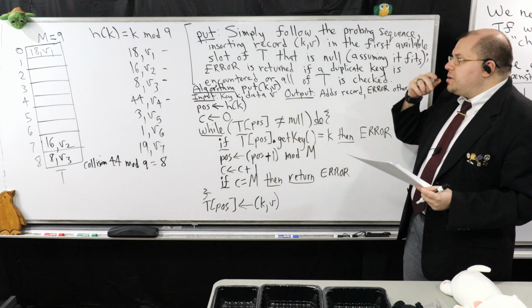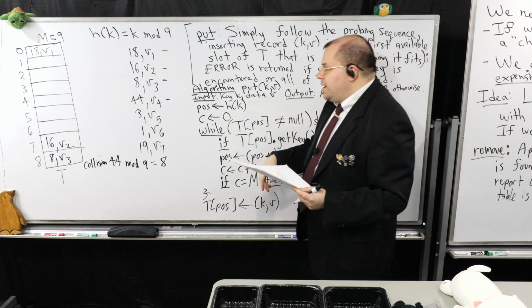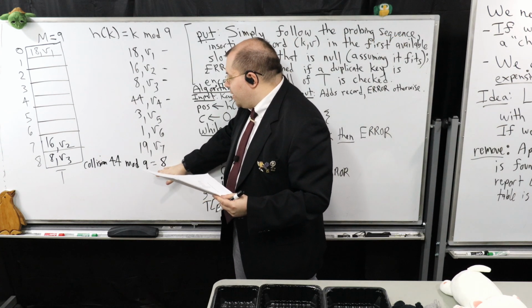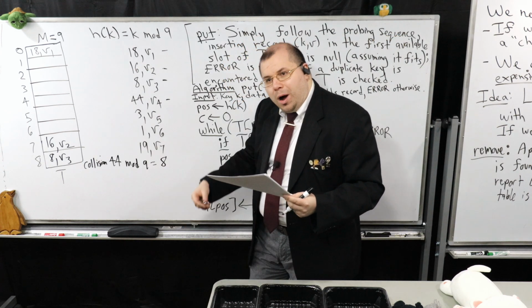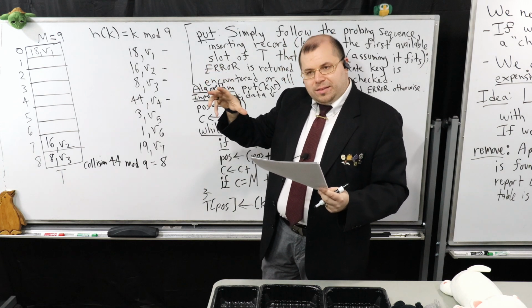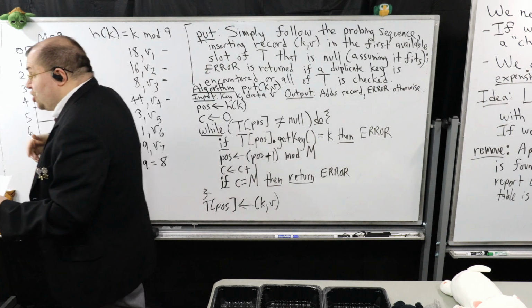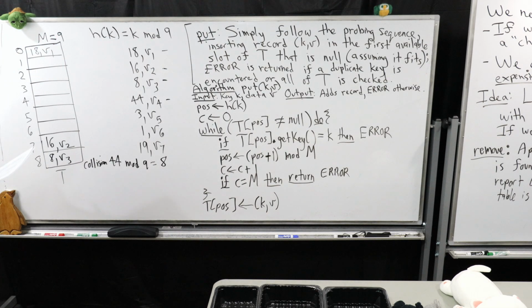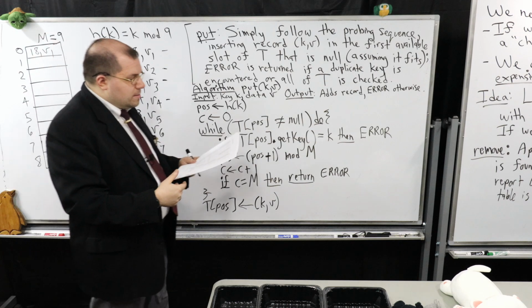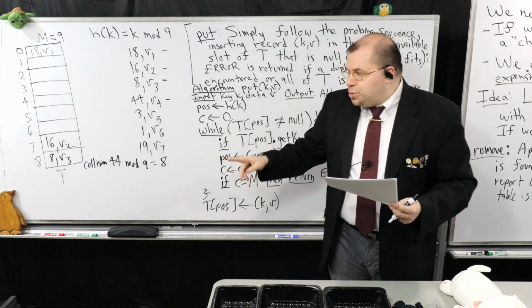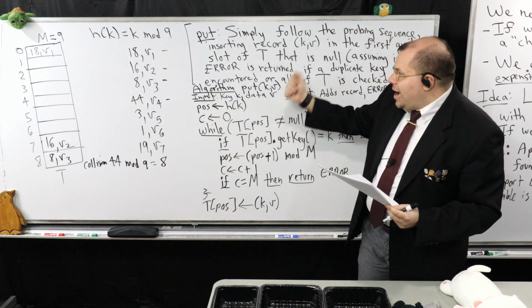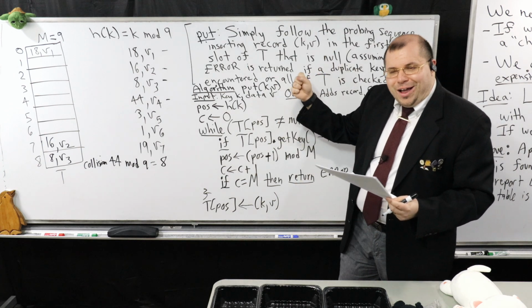Now remember, in linear probing, what I do is I take whatever position I have gotten from my hash function, I add 1 to it first, take mod m of that, in this case mod 9, and then I try the next position and see if I can use that one. So 8 plus 1 mod 9, that is 9 mod 9, right?